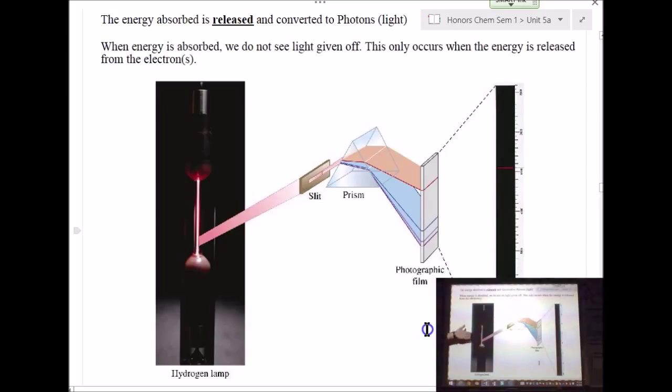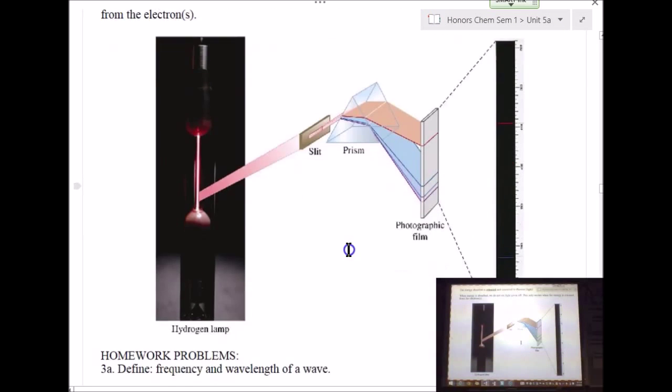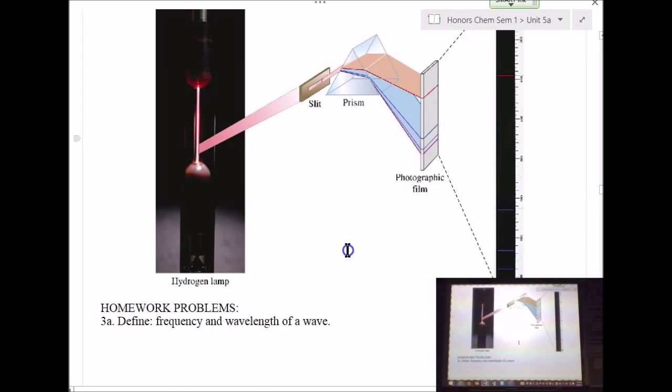We can excite it, it emits a light, we can take a look at its bright line spectra and determine what it is that we're looking at. Unfortunately, we're not going to do a whole lot with the bright line spectra because you're never going to have to memorize them. There's literally millions of these different bright line spectra that they use and compare when looking at substances. So I just wanted to show that to you.